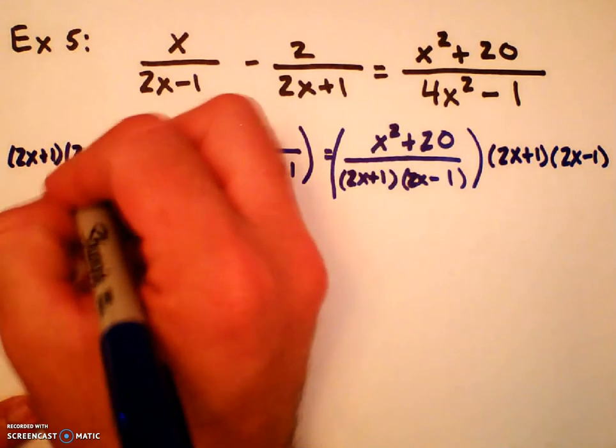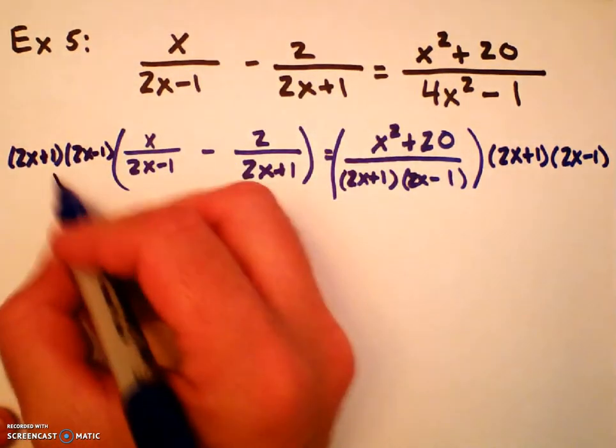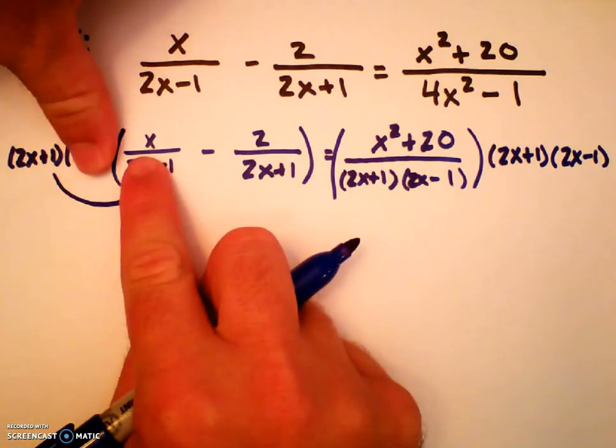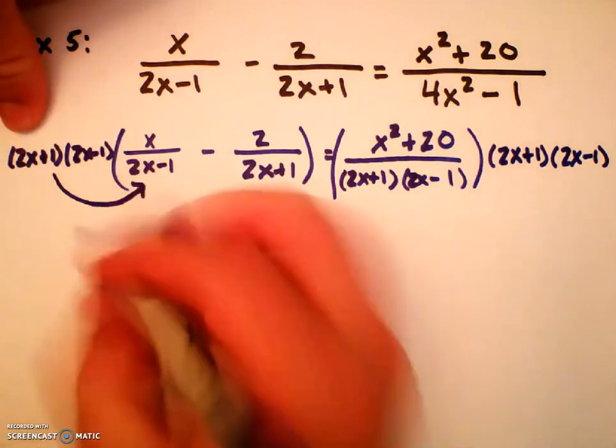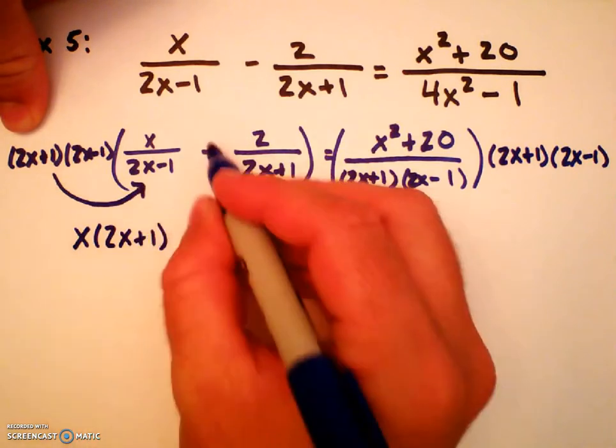So from here, just like in the previous problems, we're going to distribute these two. When I do, the 2x minus 1s will cancel, and I'm left with the x on top and the 2x plus 1. The minus sign drops.